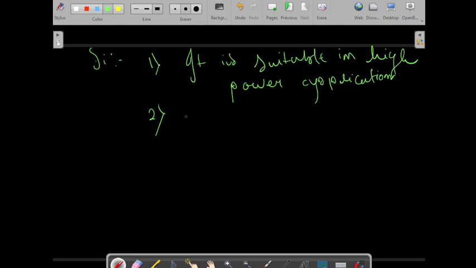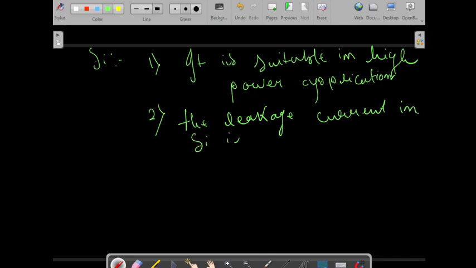The leakage current in silicon is very small.